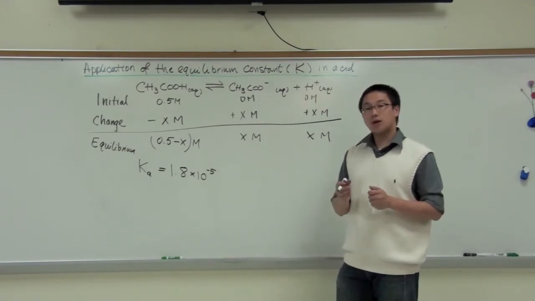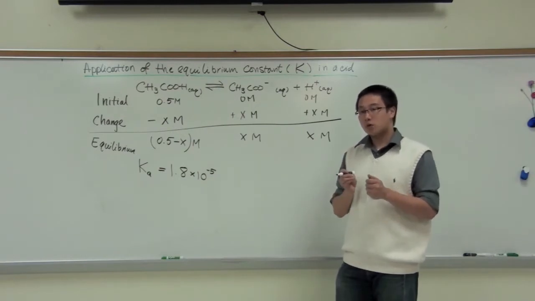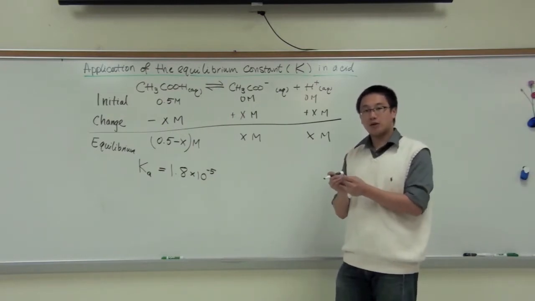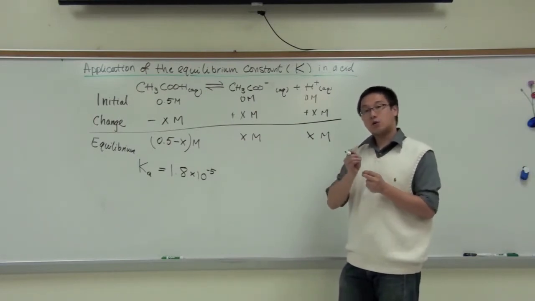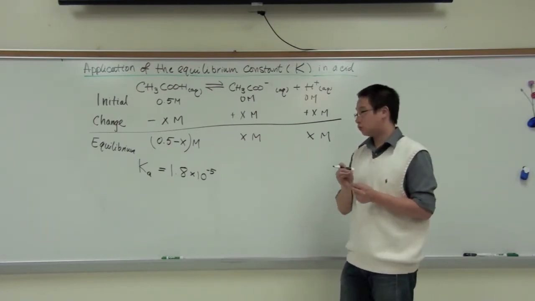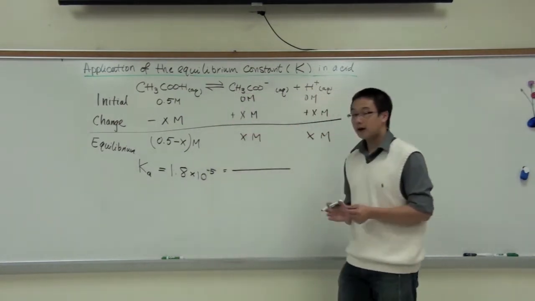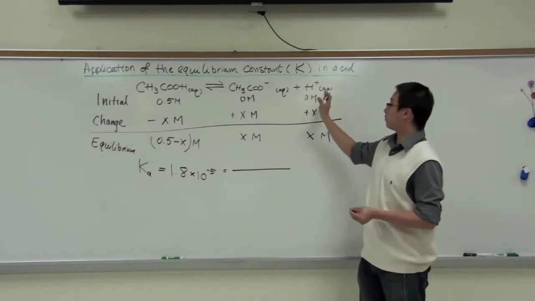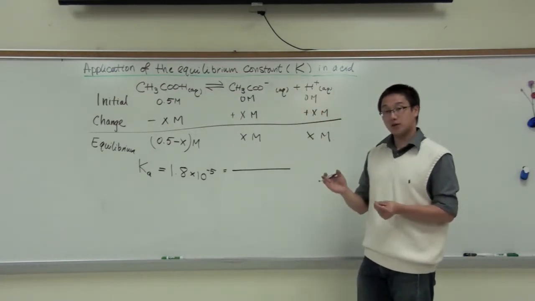Well, first, we would like to write the equilibrium expression. Before we do any calculations, it is highly recommended that you write an equilibrium expression before you do any math. So to write an equilibrium expression, we have to look at the chemical equation, and we look at the product and the reactants.